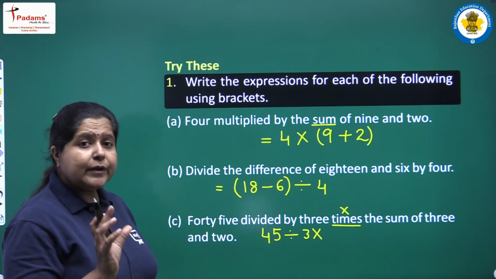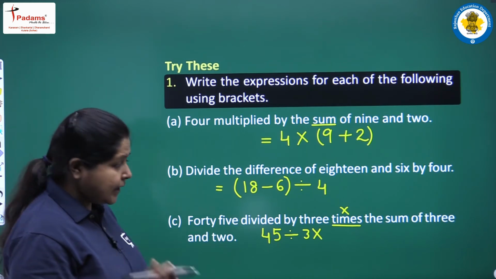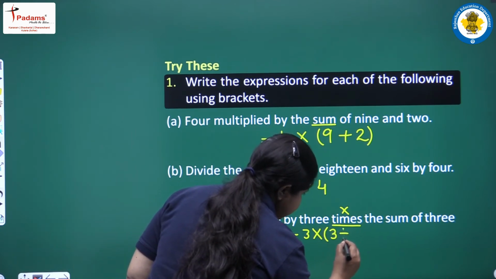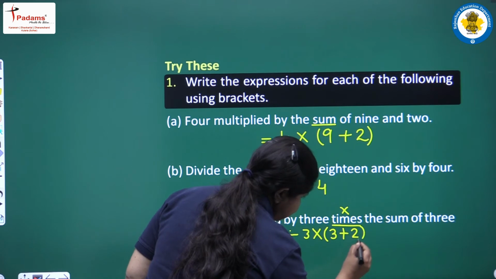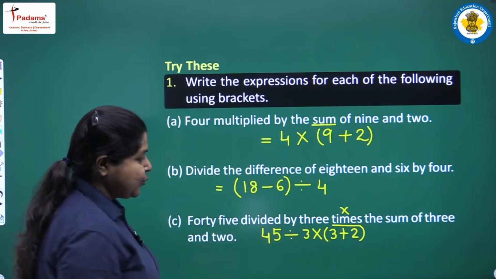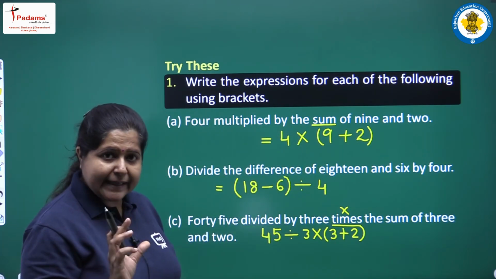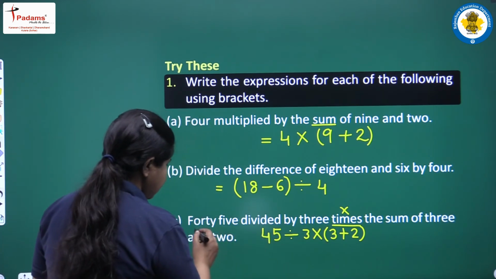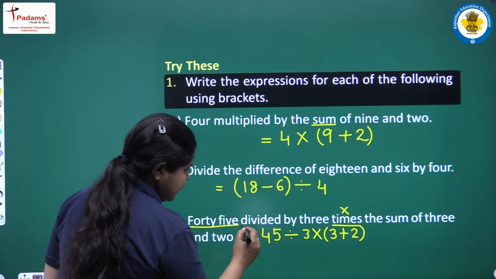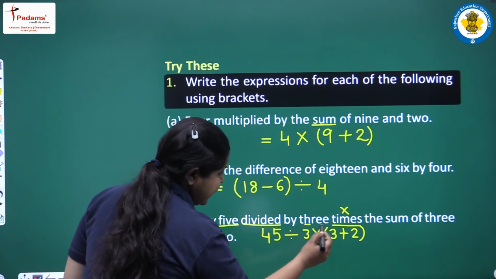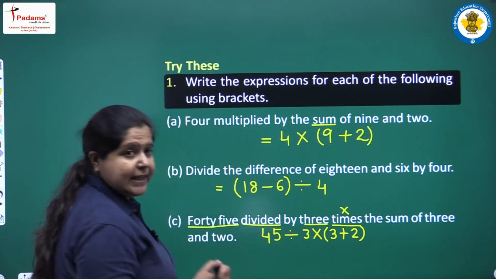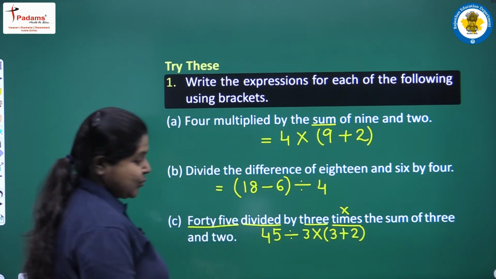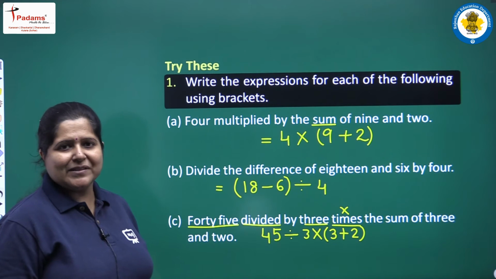So, we will have to give them a bracket, otherwise we will have to multiply first instead of adding. So, 3 plus 2 will be enclosed inside a bracket and then multiplied by 3. So, 45 divided by 3 times, 3 times means 3 multiplied by the sum of 3 and 2. So, this is the correct expression.